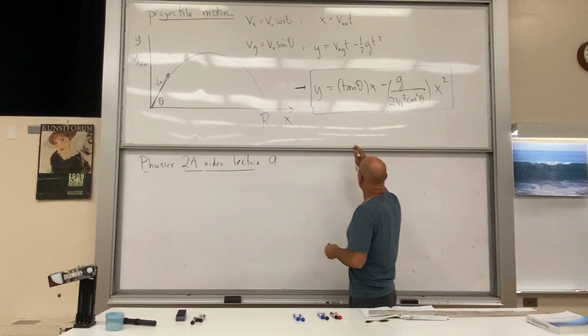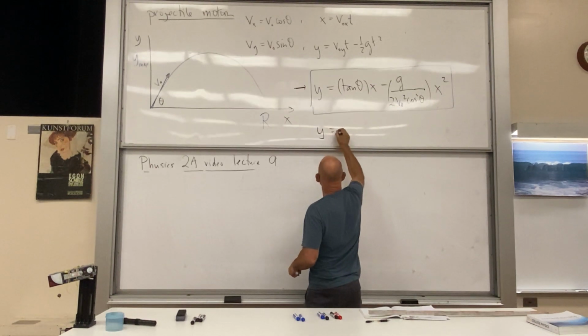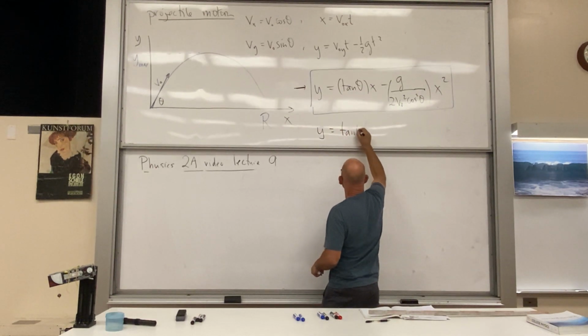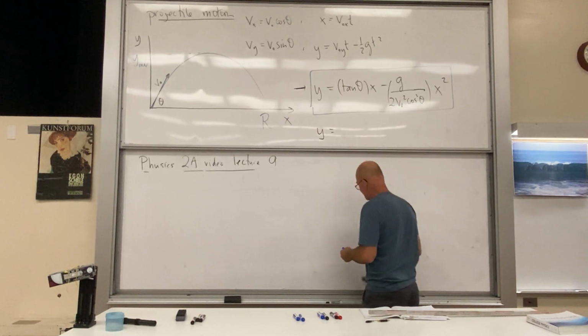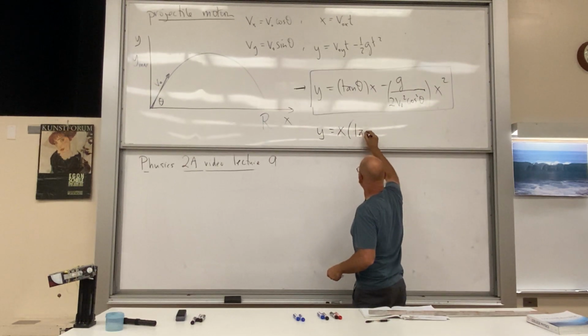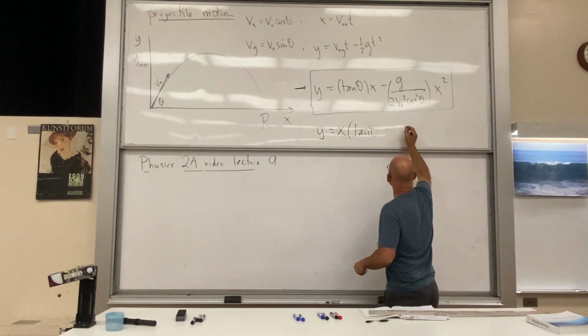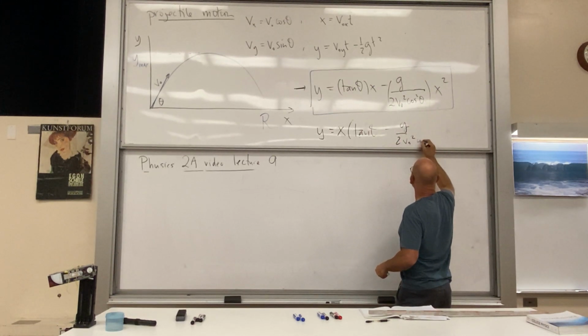So next we have y is equal to tan theta. Let's do this. Factor out x, tan theta minus g over 2 v0 squared cosine squared theta.